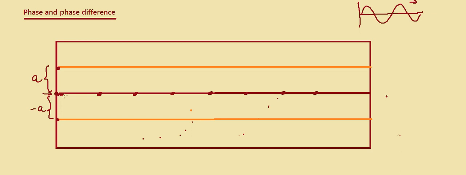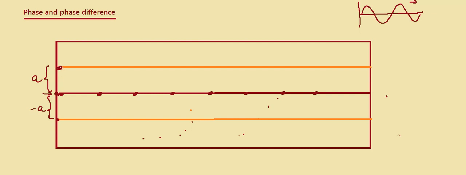Let's say this first particle has reached this extremity, and at that particular instant, the second particle starts moving up. So this will start going up when this particle is over here.